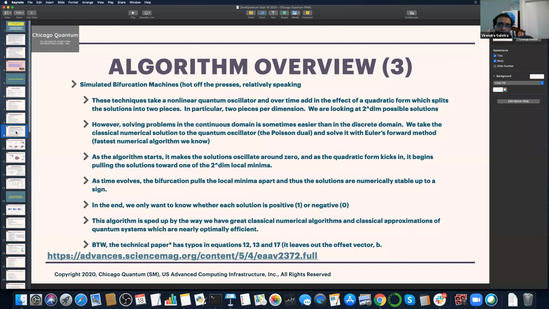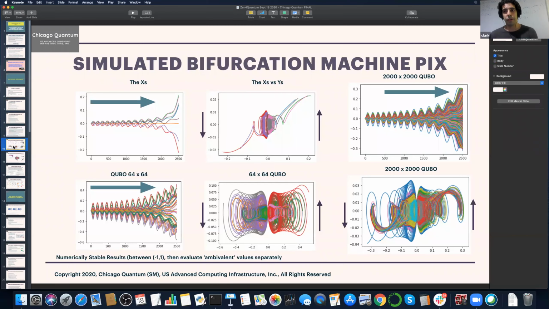Here are some nice plots of our very new simulated bifurcator. I ran these 2 days ago. You can see the x's. So we have x and y. It's a dual. It's a Poisson process in classical physics. You can see they're wiggling around, and over time, I'm adding in the forcing factor of what we're calling the QUBO, and it forces the solutions to either go up or down. You can see this does 8 by 8, and then I have a 2,000 by 2,000.